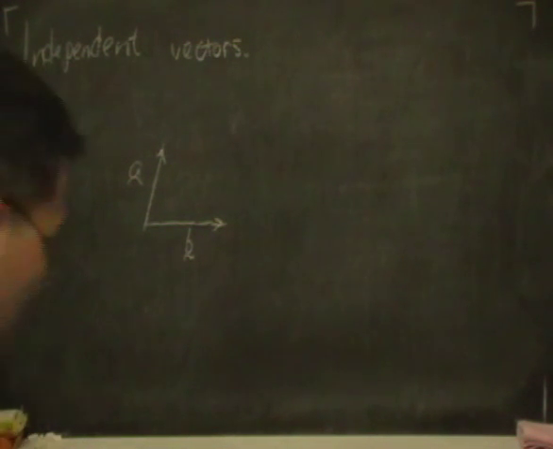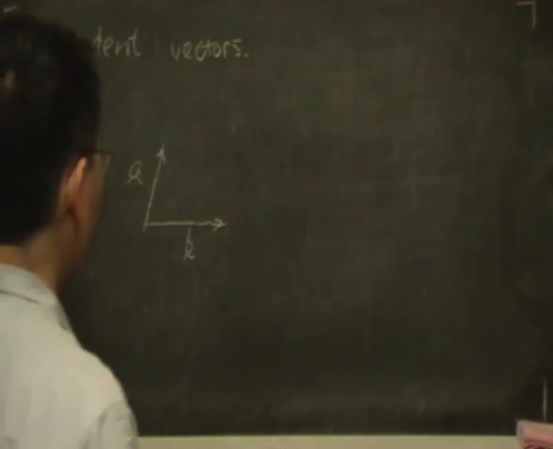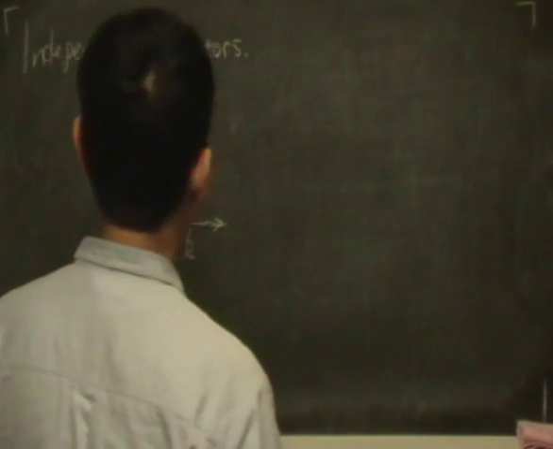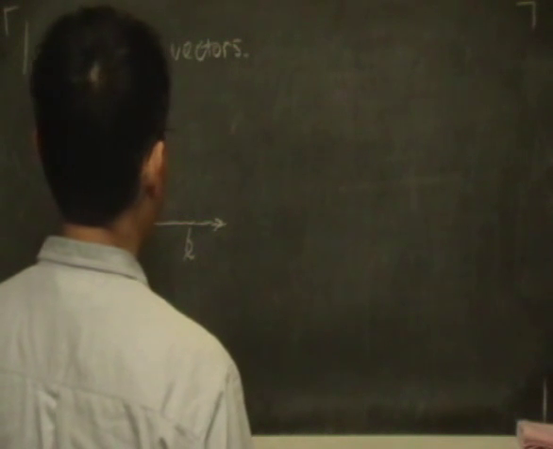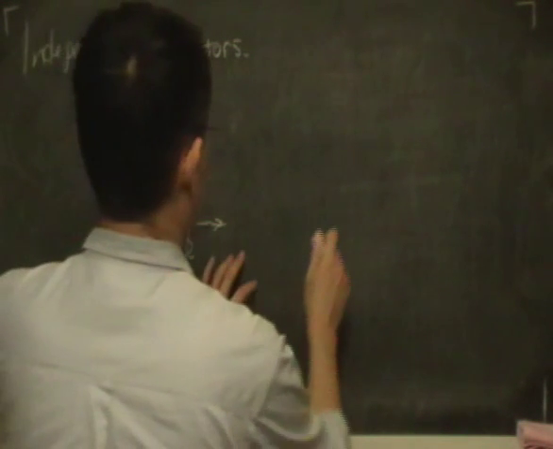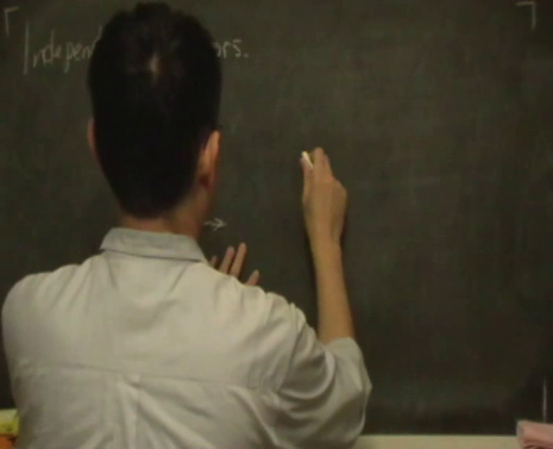Let's look at an example. Now suppose that I make up a vector like this.